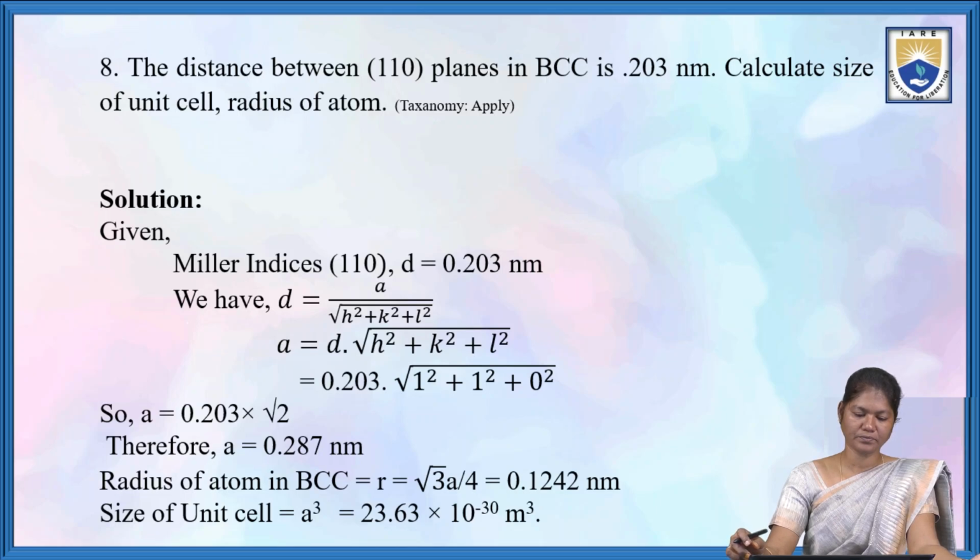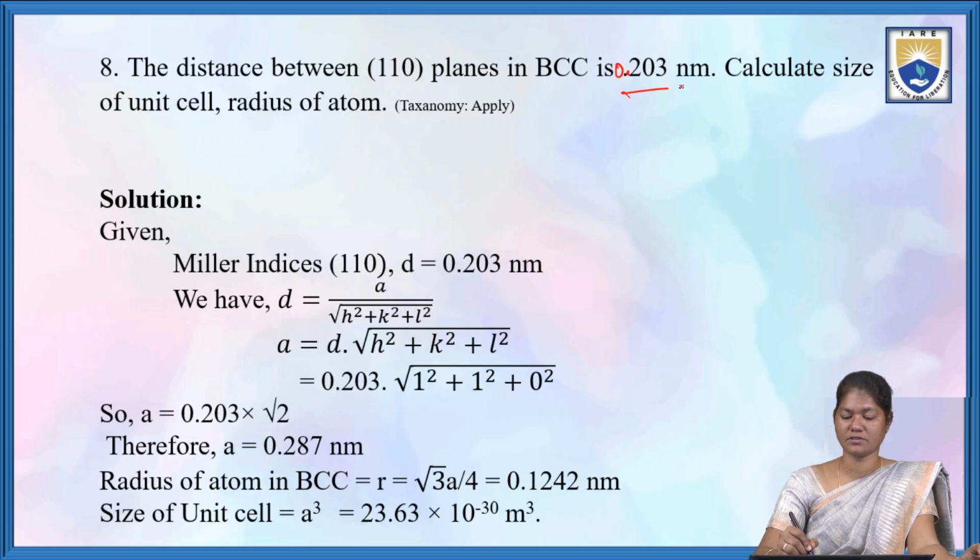Next, the distance between 110 planes in BCC is 0.203 nanometers. Calculate the size of the unit cell and the radius of the atom. This comes under applying level.